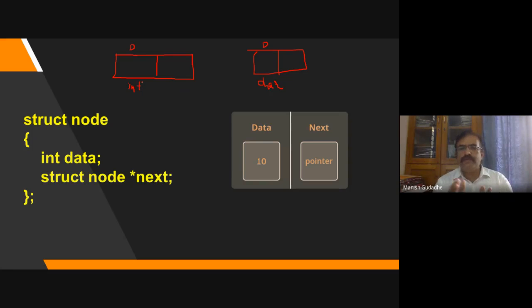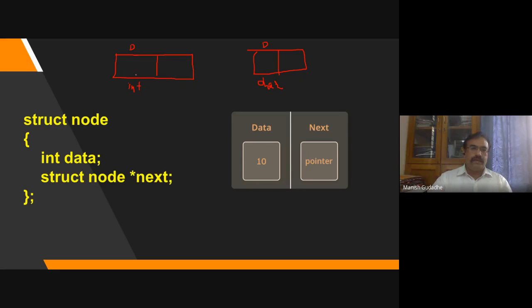This is a user-defined data type, but it needs to follow a particular structure. Every node or every element in the linked list is going to have 2 fields: one is a data field, another is a pointer field. So it's a group of elements together.